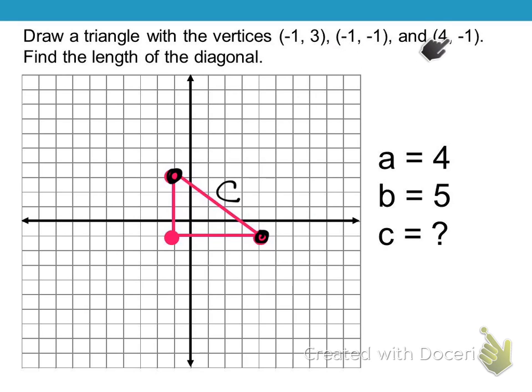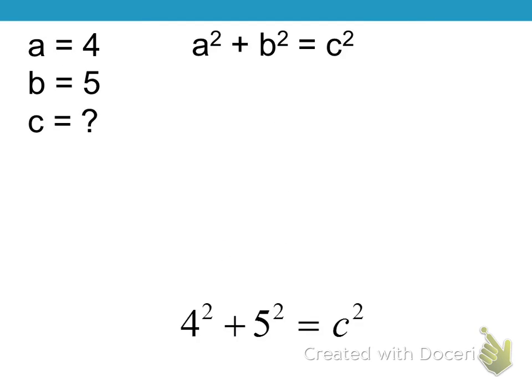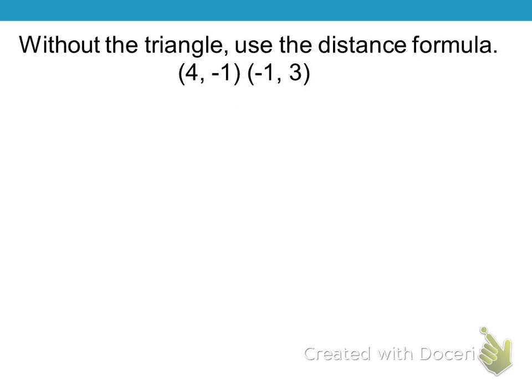So when we use the distance formula, we're going to find the distance between 2 points by finding the difference between the X's and the difference between the Y's and using sort of a variation of the Pythagorean theorem. That's what the distance formula is. So let's skip forward to where it is.